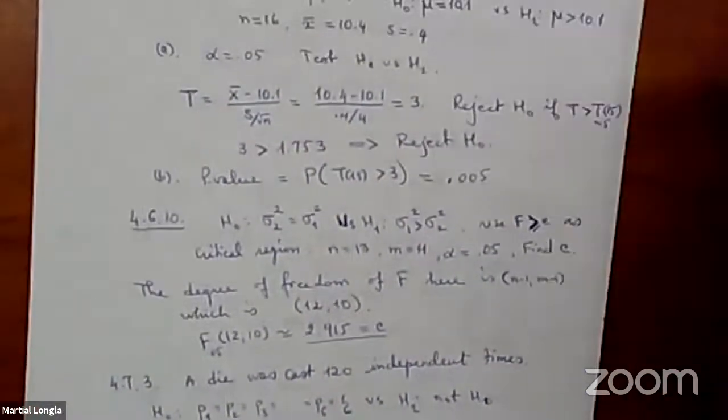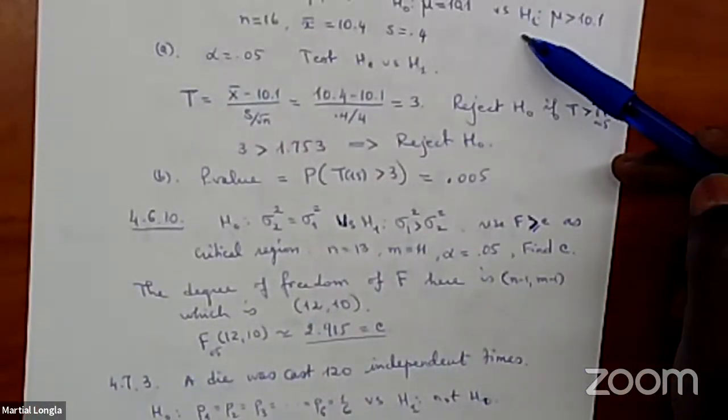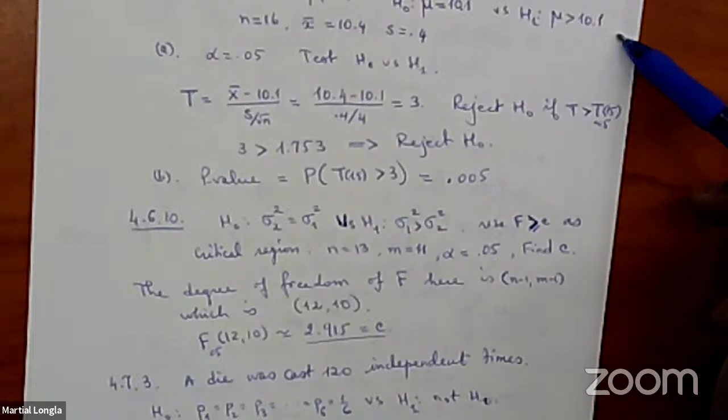Remember, for example, in this first problem, if I don't write down the alternative here, how am I going to define a critical region? So you can't solve a problem that has to do with testing if you don't write down the full alternative.